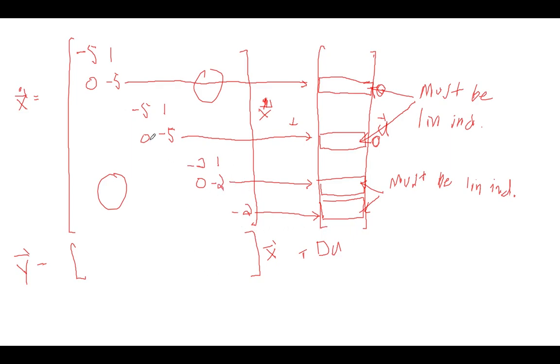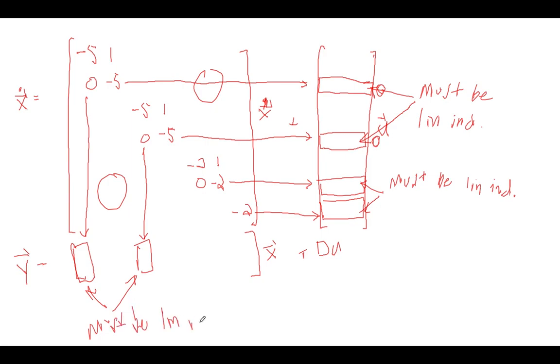Just like here where it was important that the last row of each Jordan block had to be linearly independent, here it's going to be important that the first column of each Jordan block is linearly independent. So I go down the first column of this Jordan block and the first column of this Jordan block, and I consider those columns of the C matrix. And those two columns must be linearly independent.